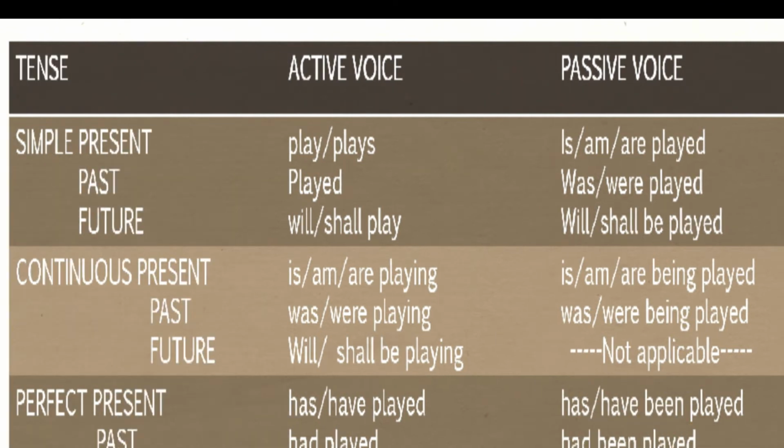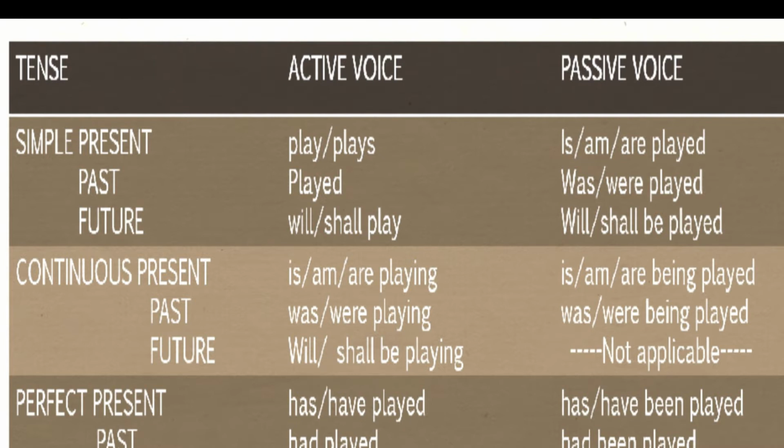When we change this present simple tense from active to passive voice, the verb form is changed in this way. The form of the verb be is used according to the subject and tense. So in the present tense, it's is, am, are. So we will use one of these. If the subject is third person singular, we will use is.